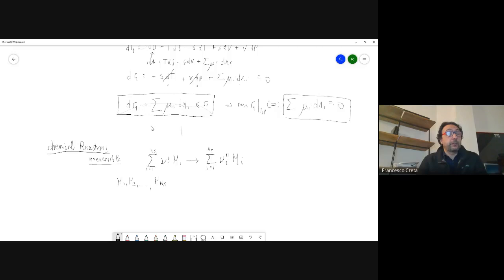You see here these new coefficients, and I have a prime here on the so-called product side. So we will call the left side the reactant side. Okay, and on the right side, the product side. And you see that they're different, okay?